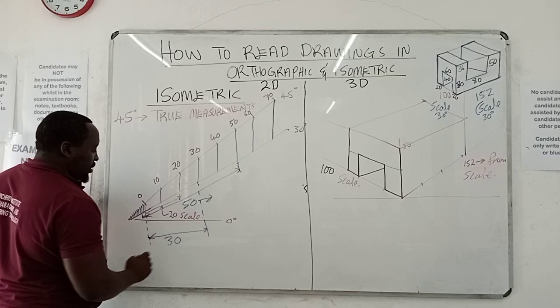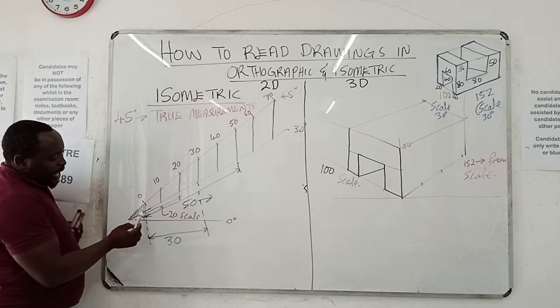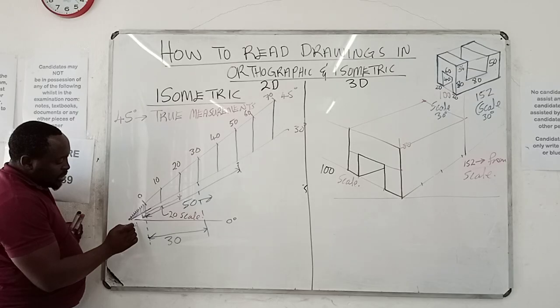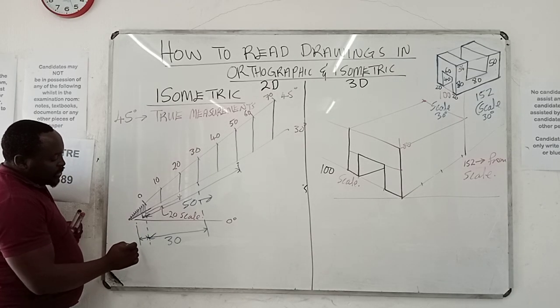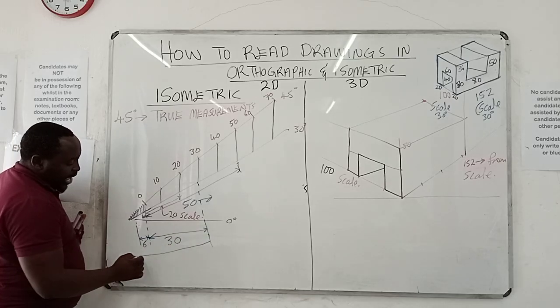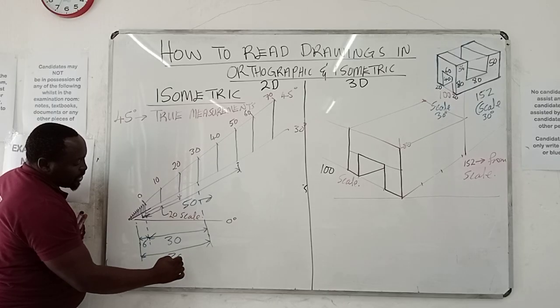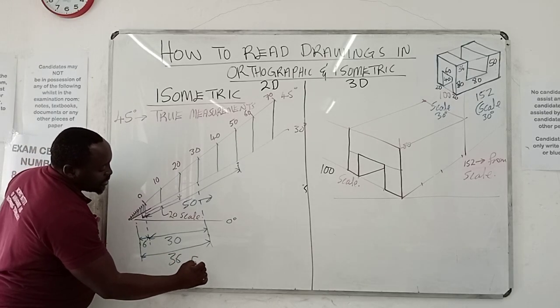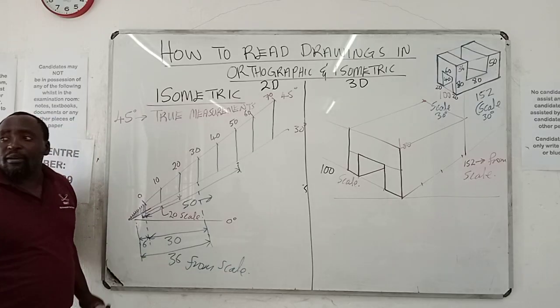This is my 30. Then I need to count these small spaces. 1, 2, 3, 4, 5, 6. This is 6. So from there to there, it gives us 36 from scale. Is that clear?